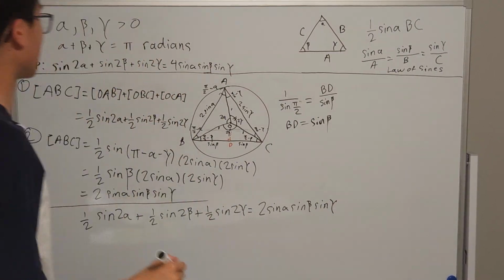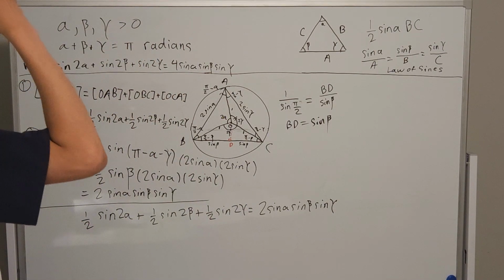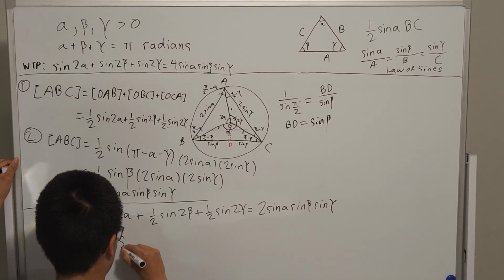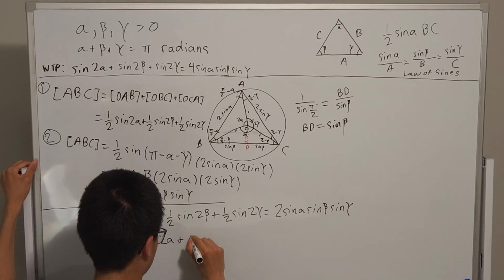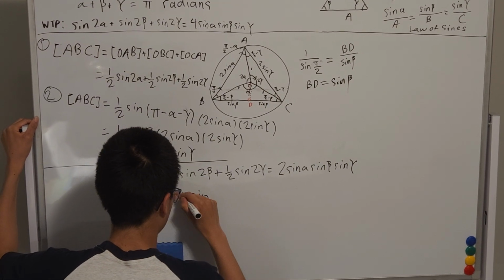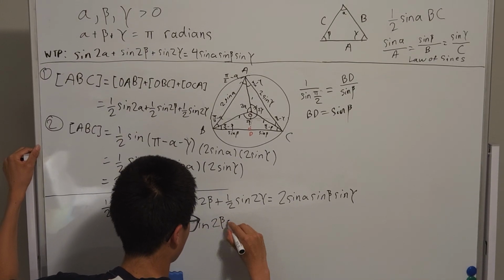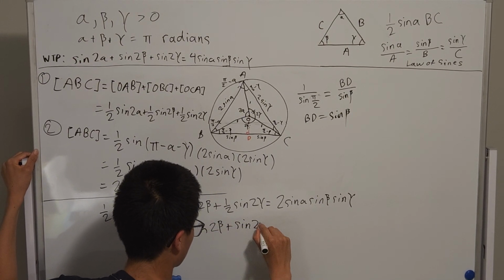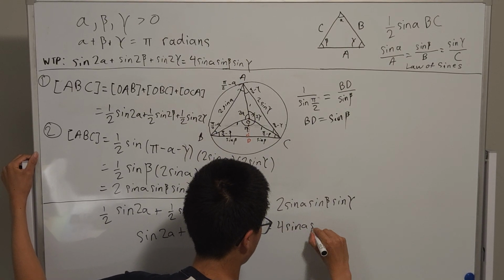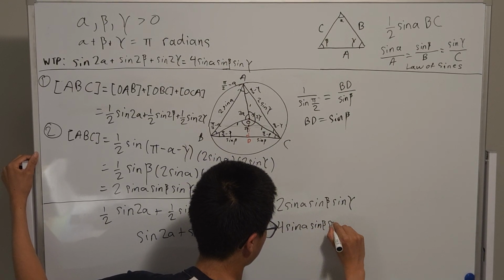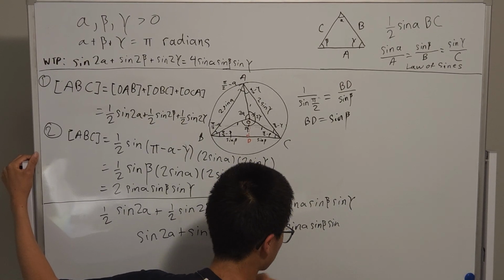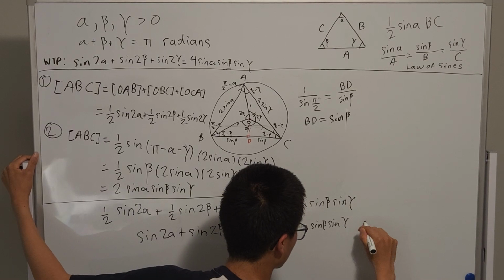And now by just multiplying both sides of this equation by 2, you get the desired result. So I'll just go do that. Okay, and we are done.